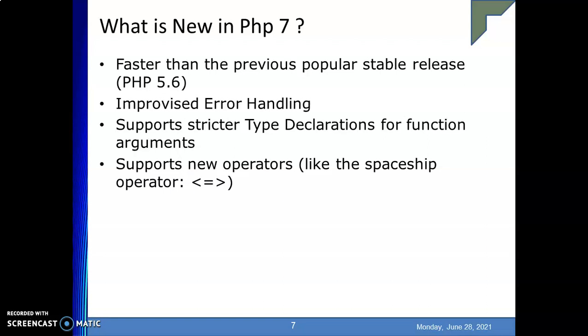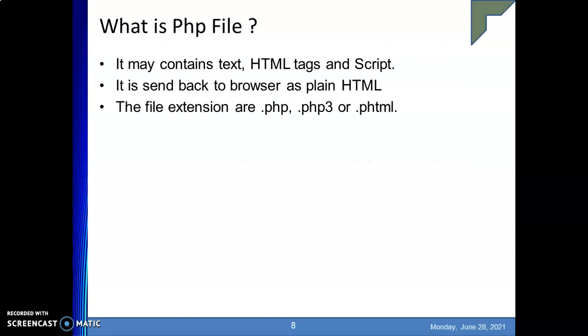It supports stricter type declaration for function arguments, and supports new operators like the spaceship operator. When we discuss operators, we'll talk about the spaceship operator. In a nutshell, we're talking about the new things that have been added in PHP 7.